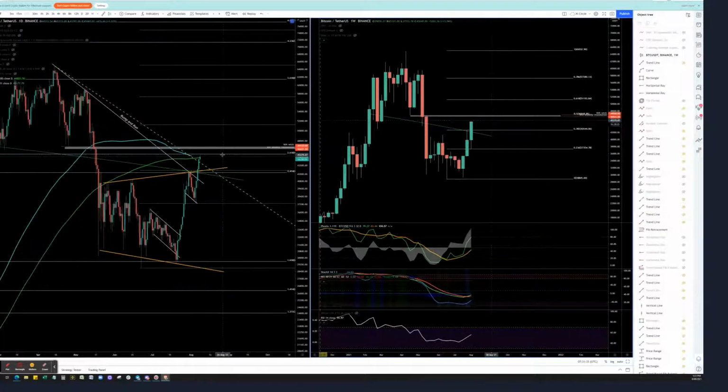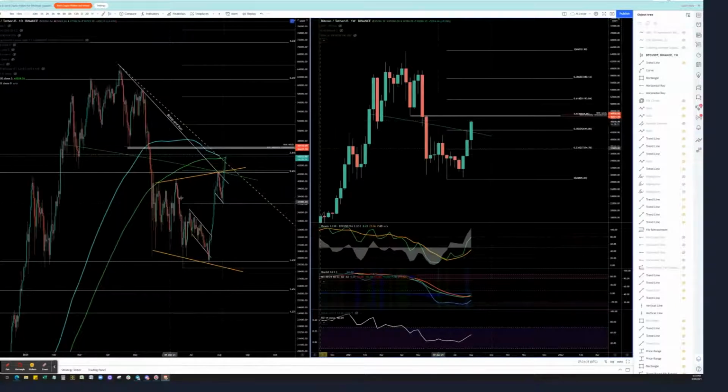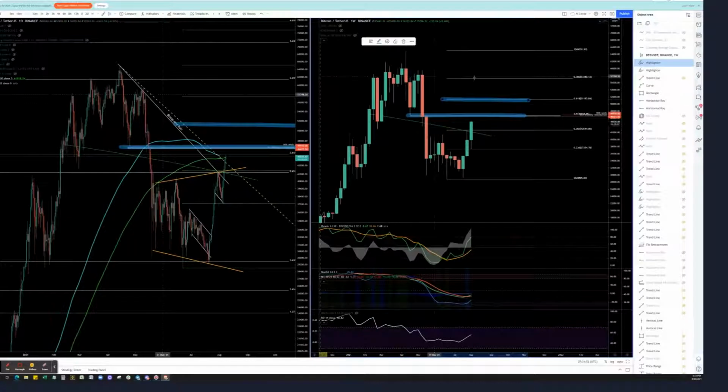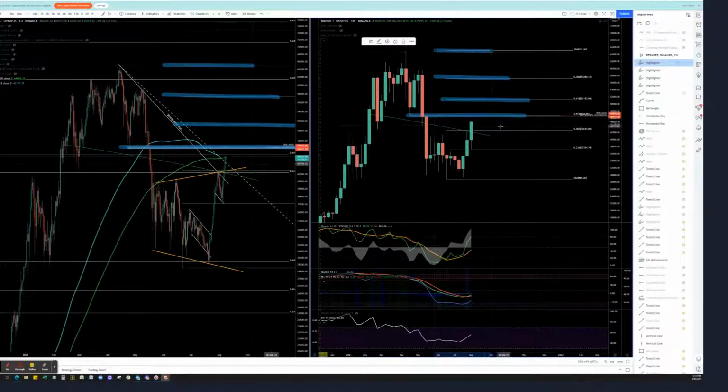All right, so looking at the smaller picture, I don't see this going straight up, but anything's possible. We're going to look at this from one level, second level, third level, fourth level, right?